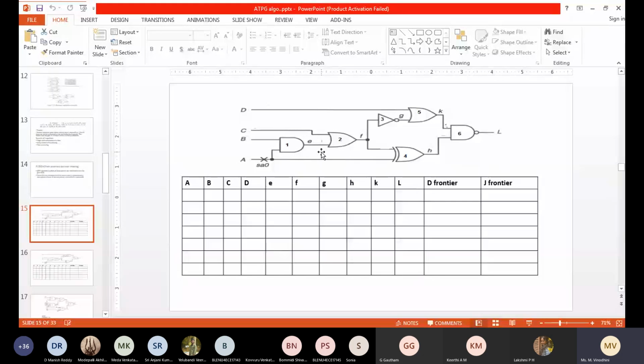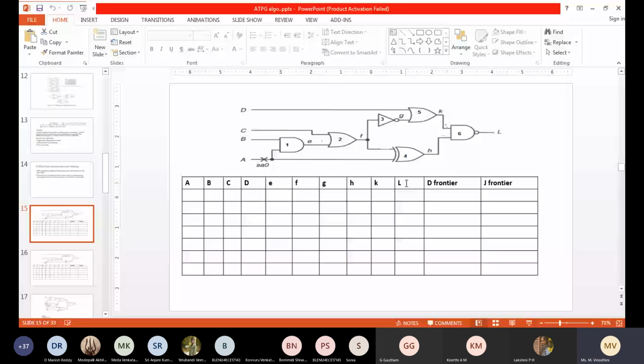If a variable is missing in the circuit, assign it yourself and add it in the table. Apart from that, two more columns are required: one for the D frontier and one for the J frontier. This is the table you first have to draw.